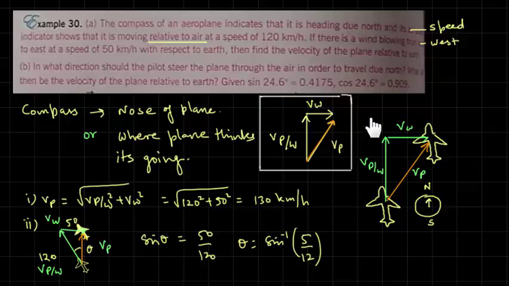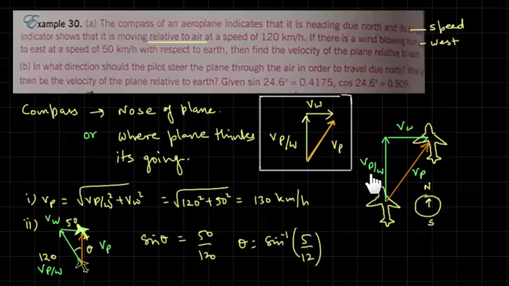So if you have a compass inside this aeroplane, the compass will point that this is the north, and inside the aeroplane you will feel that it's going north. It's moving a little bit because of the wind, but with respect to wind it is moving north, with a speed of 120 km per hour.